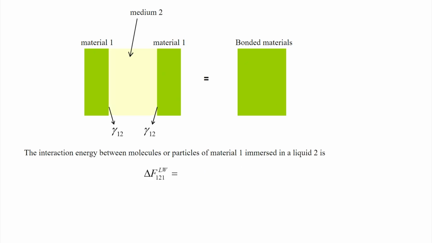Now, let us say that there is a medium 2 between this material 1 and material 2. So far we have been discussing vacuum, but now let us say we have this medium in between. So, delta F LW 1 2 1, okay. So, this surface 2 and this surface 1. There are two interfaces 1 2 over here, but there is no interface between 1 and 1 because they are joined together.